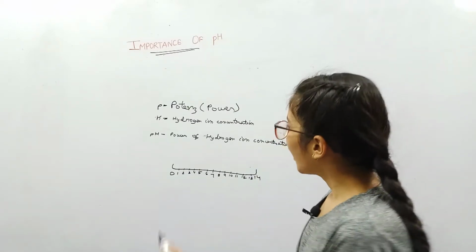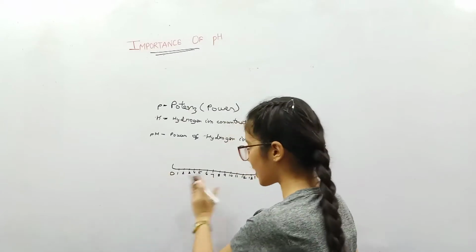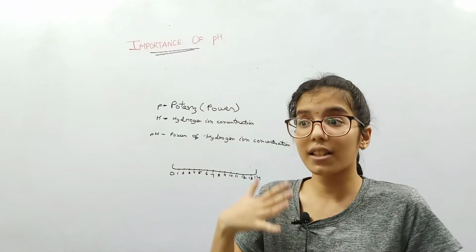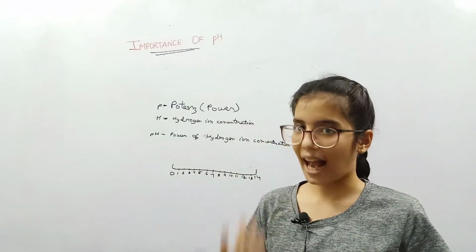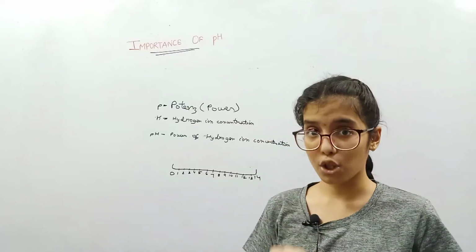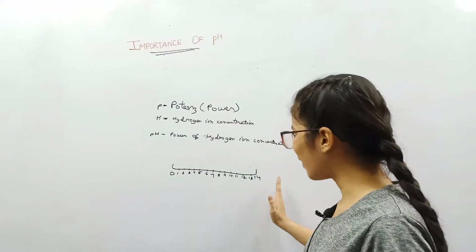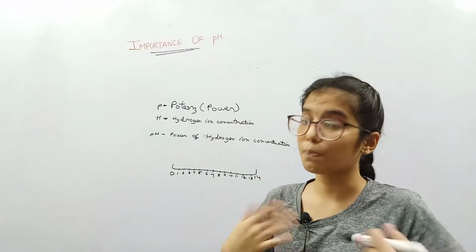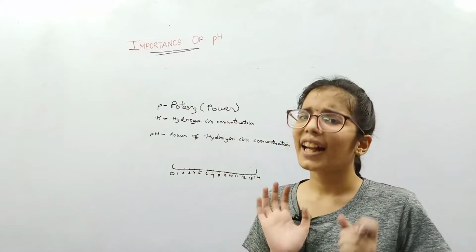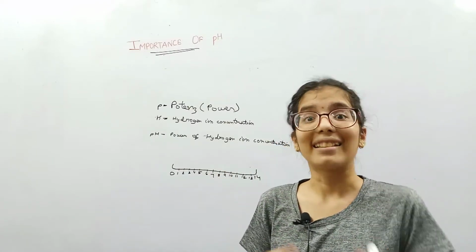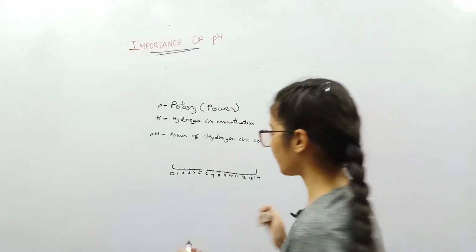For example, if the substance shows a pH from 0 to less than 7, then the substance is acidic. And if the substance shows a pH of more than 7 up to 14, then the substance is basic. And if the substance shows a pH of 7, it means it is neutral, which is neither basic nor acidic.